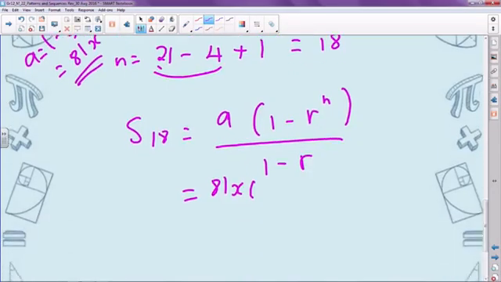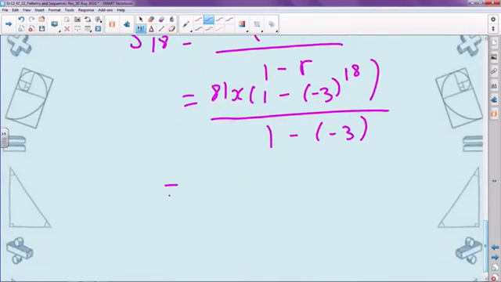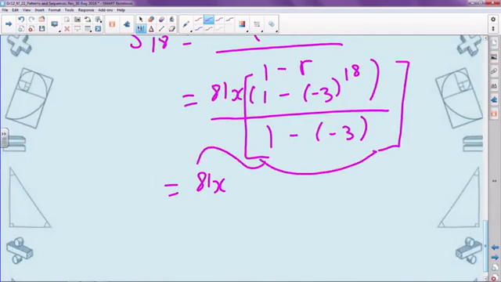So r is still minus 3, to the power of n, where n is 18, divided by 1 minus minus 3. All right, so you can keep the 81x outside while you work out that little portion on your calculator. You will then multiply that whole thing by the 81.